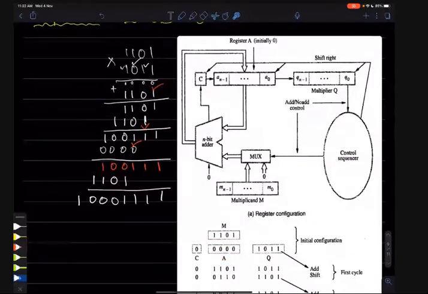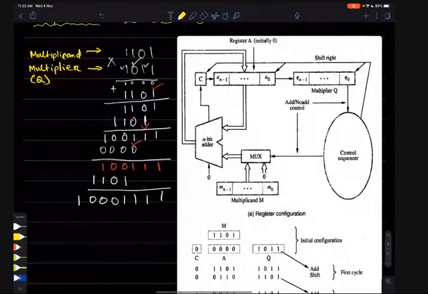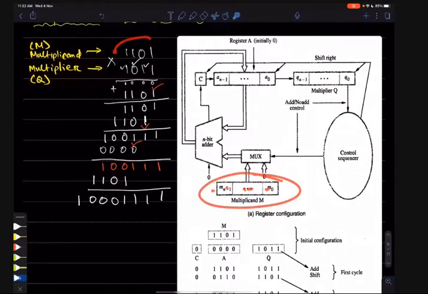Then the top one is called the multiplicand, and the bottom one is your multiplier. The bottom one is called Q, and the top one is called M. Whatever data is present in the multiplicand will be stored in a register called M. This M0 to Mn minus 1 is the multiplicand, the top part.